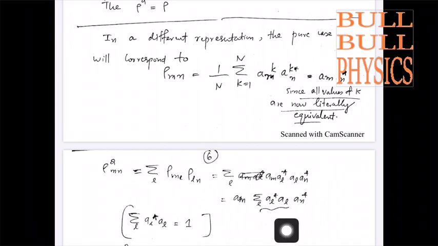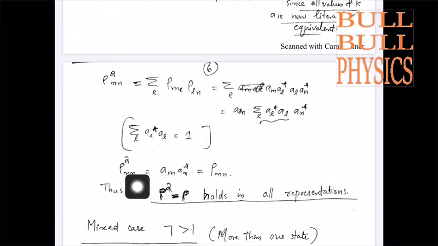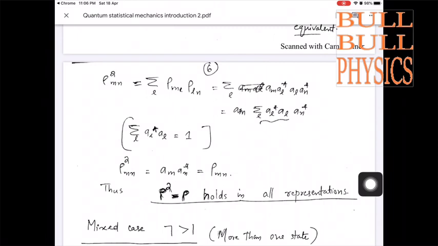Okay, so we are actually summing over all the states. So we have this sigma l a l conjugate a l, that will be equal to 1. So since this is 1, rho square mn is a m a n conjugate, that is equal to rho mn itself.